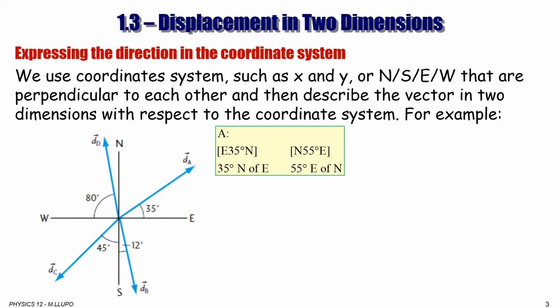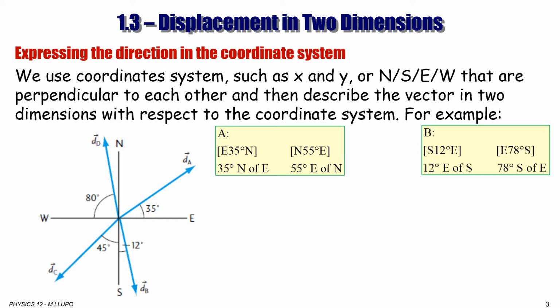Or if you move 35 degree east of north. So you should be able to know all 4 of them. Not because you have to say it every time in 4 ways, but you should understand that in any way it is given to you, you should be able to draw a vector.